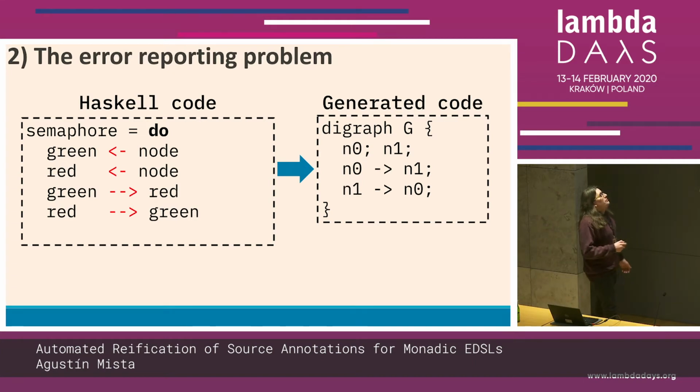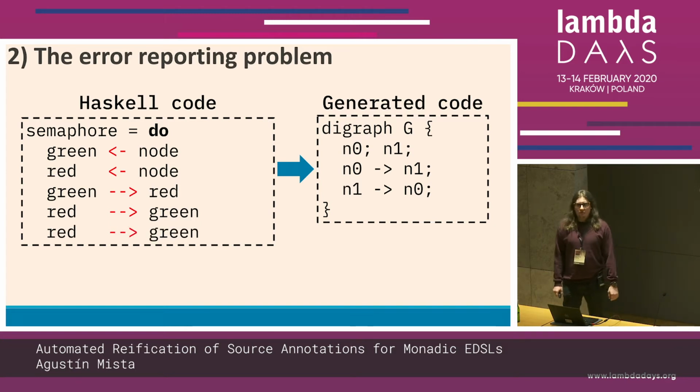If we have redundant strings, this situation is somewhat better because now we can say the edge red to green has multiple definitions. That's much more useful. If these two definitions are close together, fine. But if this definition is in one file and this definition is in another file, good luck finding them, right? So instead, what we would like to get is something like, okay, there is an error in your file in this position.